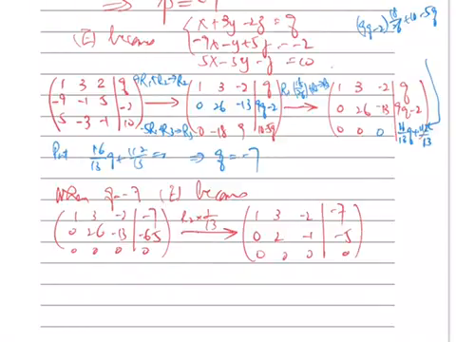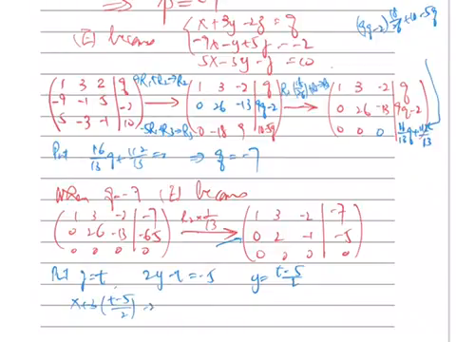So for the solution, I put z equal to t. From the second equation, 2y minus t equal to minus 5, so y is t minus 5 over 2. And then from the first equation, x plus 3y minus 2z equal to minus 7.